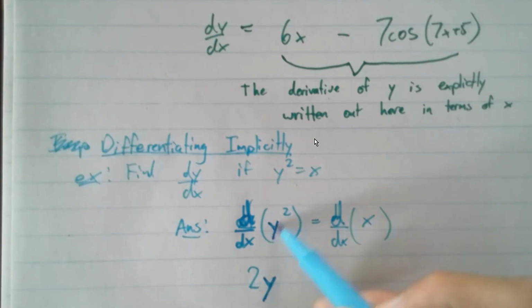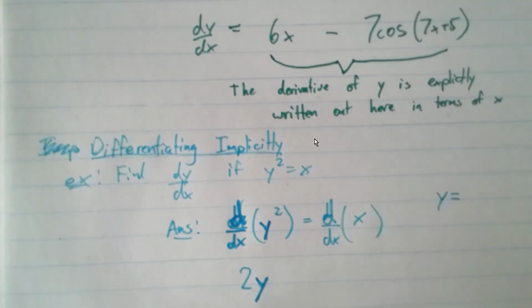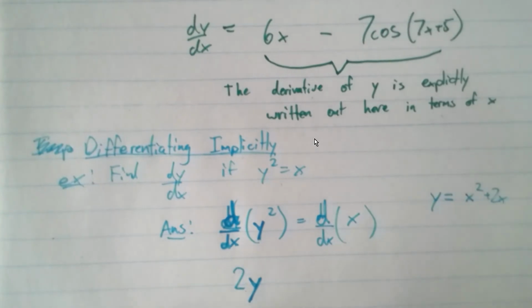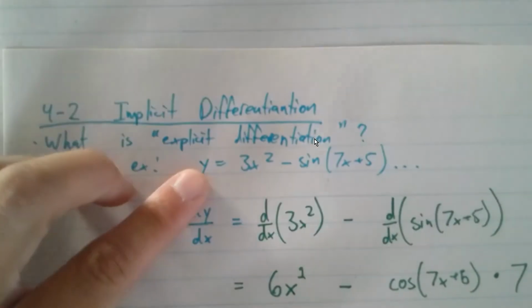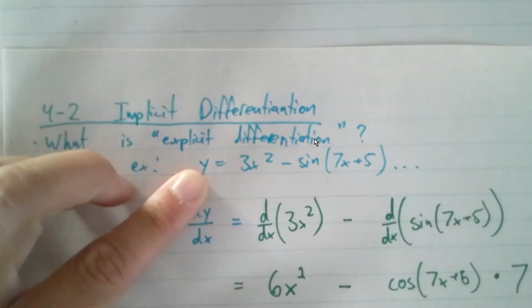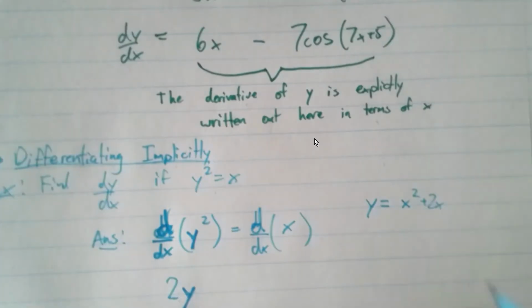For all I know, inside y could be a completely different equation that has x in it, like x squared plus 2x. It doesn't explicitly say. The way it's written before, I explicitly told you what y is equal to, right? Here, implicit means there's kind of hidden meaning. I don't actually know what y is equal to.